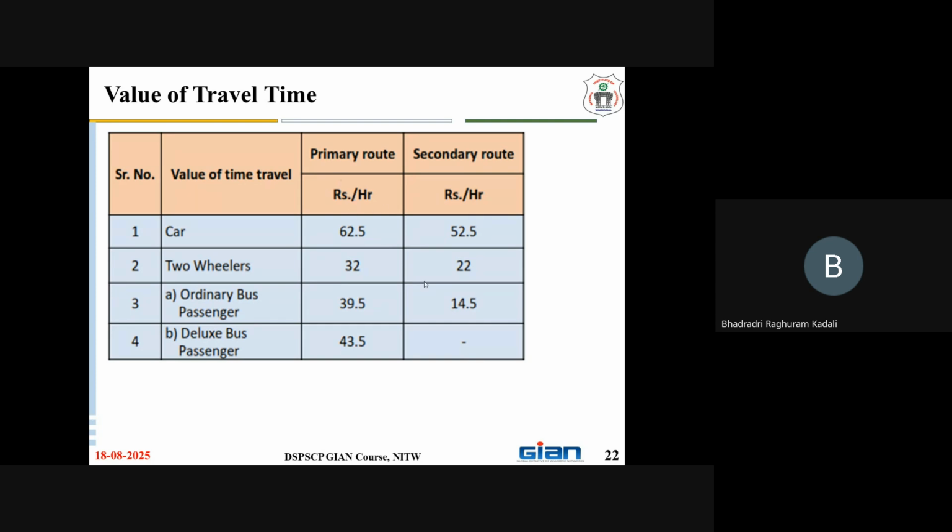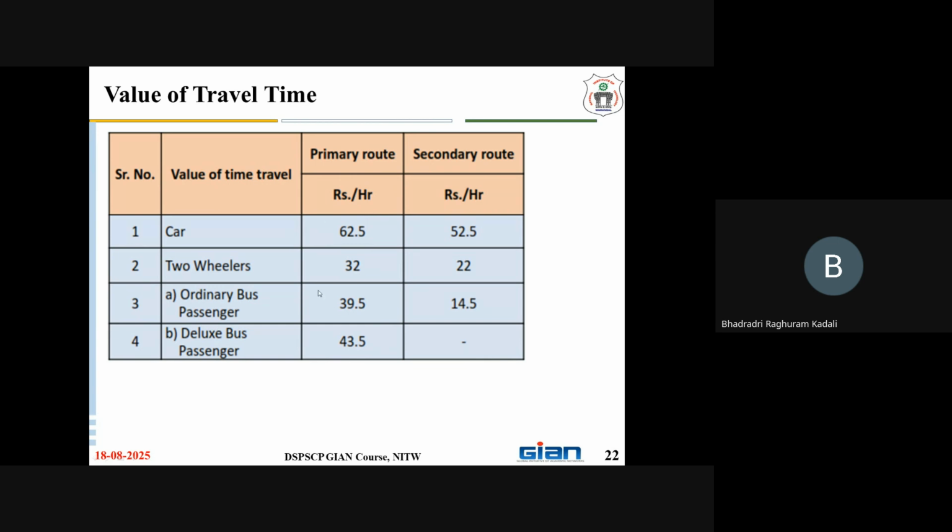If you want to travel with the highest mobility and higher speeds, passengers are expected to choose the car compared to any other category of vehicle. For the primary route, the value of time derived for the car is 62.5 rupees per hour. In the same way, for the two-wheeler it is 32, the ordinary bus is 39.5, and the deluxe bus passenger is 43.5. That is for the passenger vehicle category.